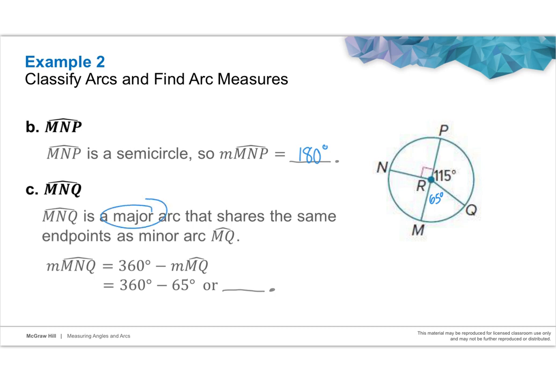And to find its measure, we're going to just take the whole circle minus the minor arc. So 360 minus the measure of MQ, which we already found in part A. So 360 minus 65, or we get 295 degrees.